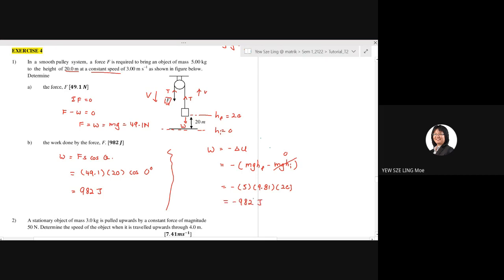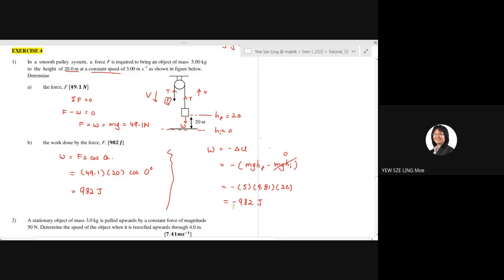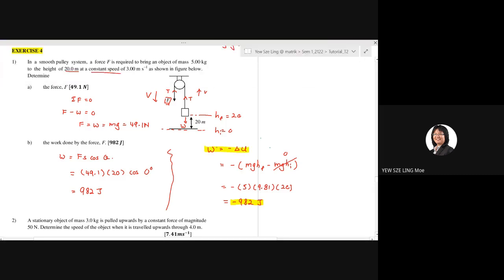Now this negative 982 joules is not our final answer yet. Why? This is actually the equation for work done by gravitational force. Work done by gravity is actually work done by this weight.